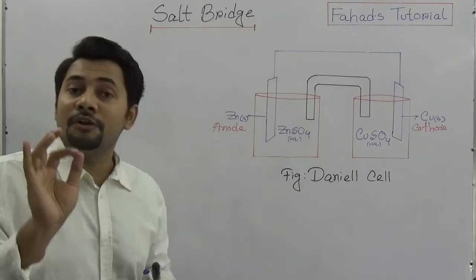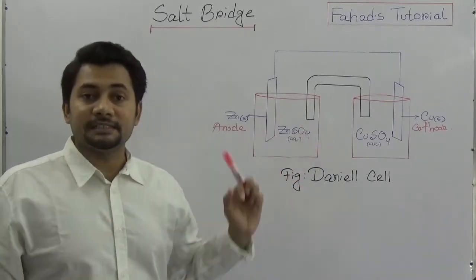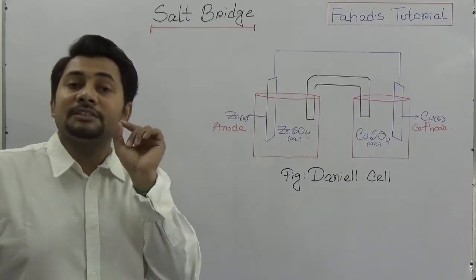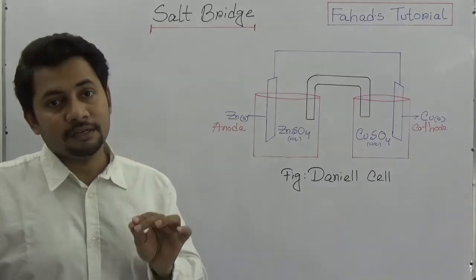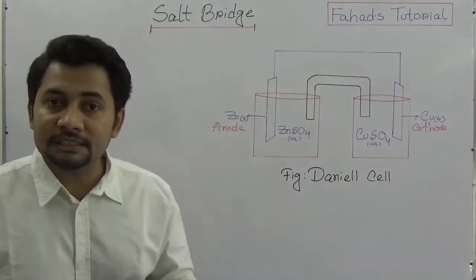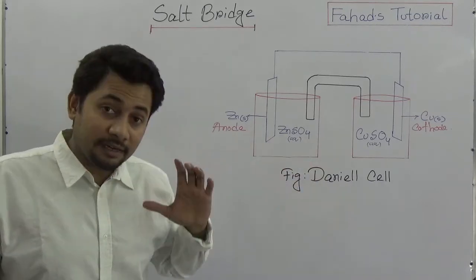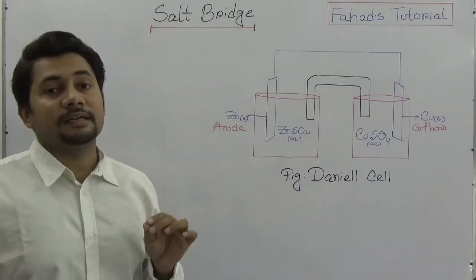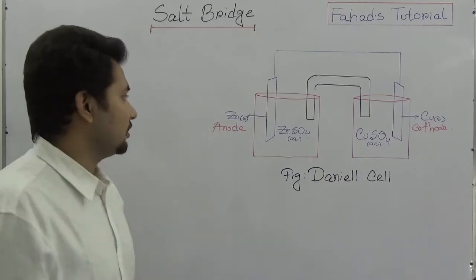I'm assuming that you know about the Daniell cell previously, because when somebody correctly understands the structure and the function of the Daniell cell, then we can understand the use of the salt bridge.